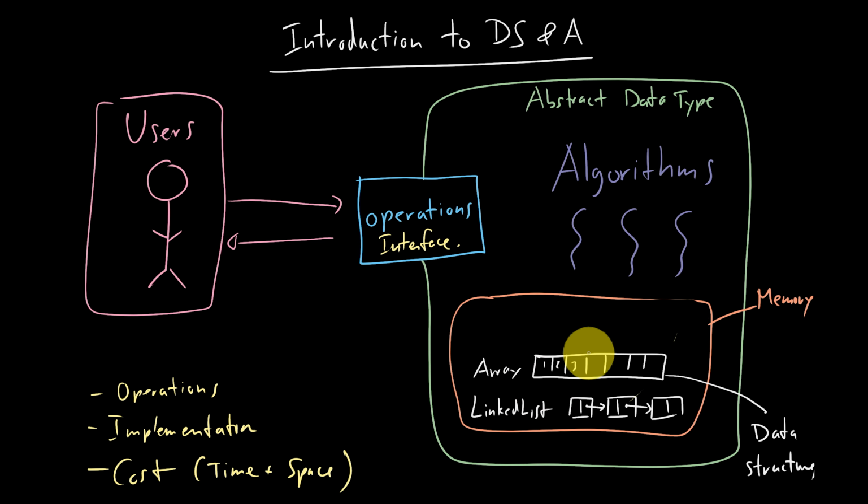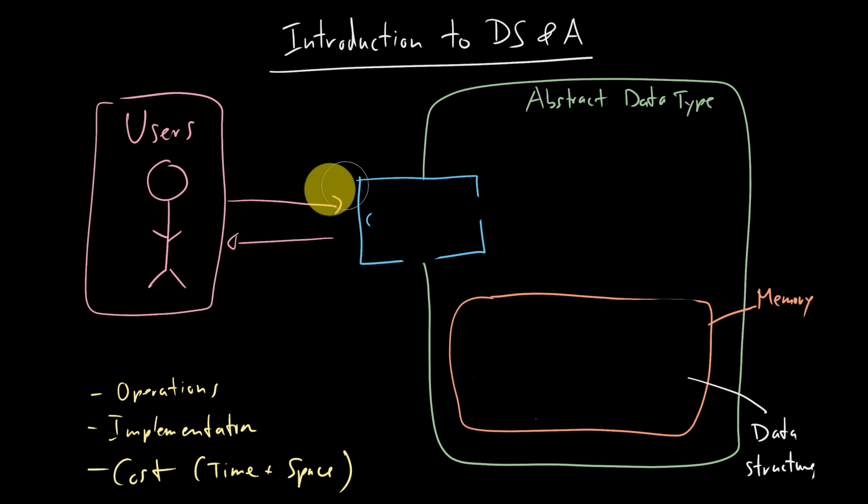So to do something more fun, let's use a real life example of what an abstract data type can be. Let's think about a washer dryer machine. So I'm a user, and let's say that this abstract data type is a washer dryer machine. What are its operations? What is its interface?